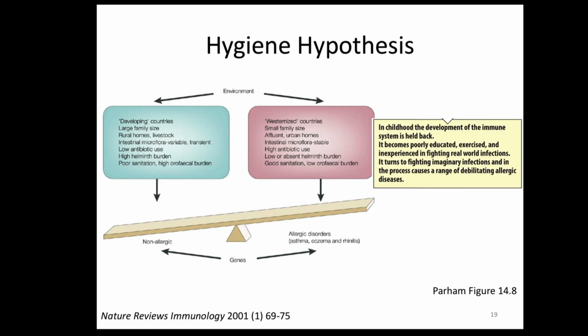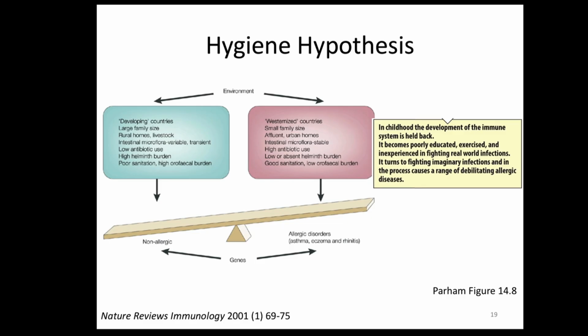You are more likely to have an allergic disorder if you are from a Western country, and less likely if you are from a developing country. You are more likely to have allergies if you are from a small family with not very many kids, and less likely if you are from a family with a lot of kids. You are more likely if you grow up in an urban area, and less likely if you grow up in a rural area. And you can also see the helminth idea here.